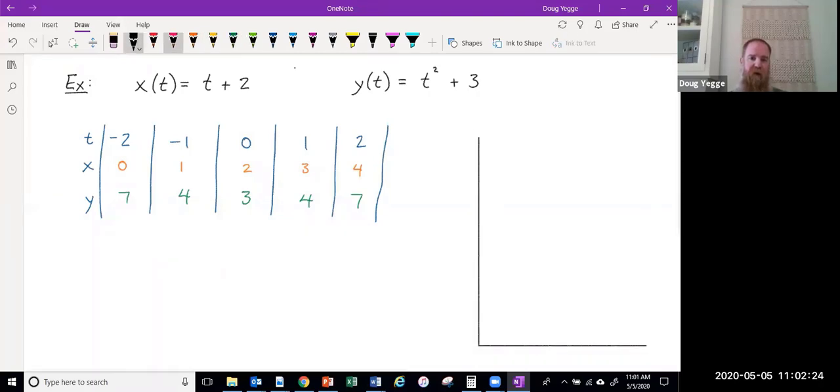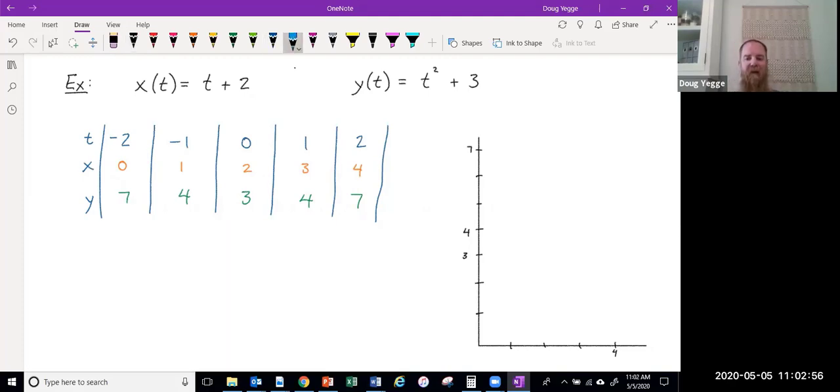Let's go ahead and plot these points. I need to make sure that I go out to 4 in my x direction: 1, 2, 3, 4. And in my y direction, I need to be going 1, 2, 3, 4, 5, 6, and 7. There's 7, there's 3, there's 4. And so now I can actually draw my plane curve.